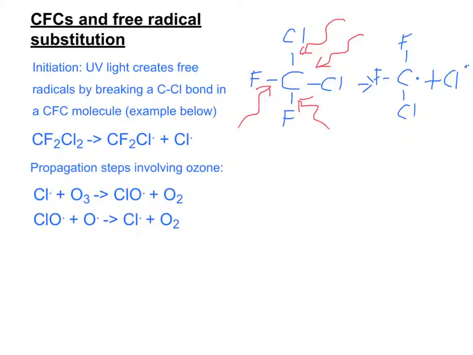So we can cancel the chlorine radicals and the ClO radicals to give us an overall equation. This tells us two things. The ozone is being depleted, and also that the chlorine radicals are behaving as a catalyst.